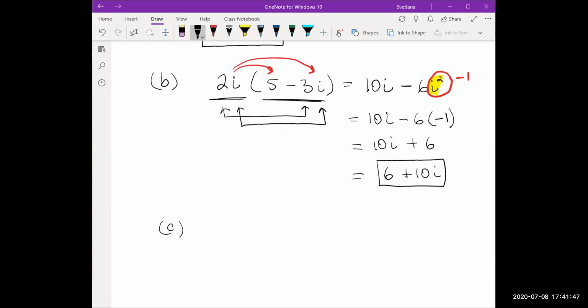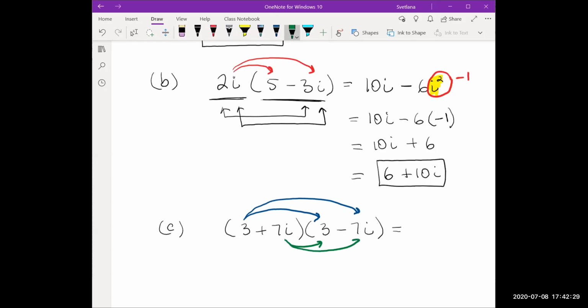We'll try to multiply 3 plus 7i, this complex number, by the complex number 3 minus 7i. That means I'll multiply 3 by everything inside the second parenthesis, and then multiply 7i by everything inside the second parenthesis.